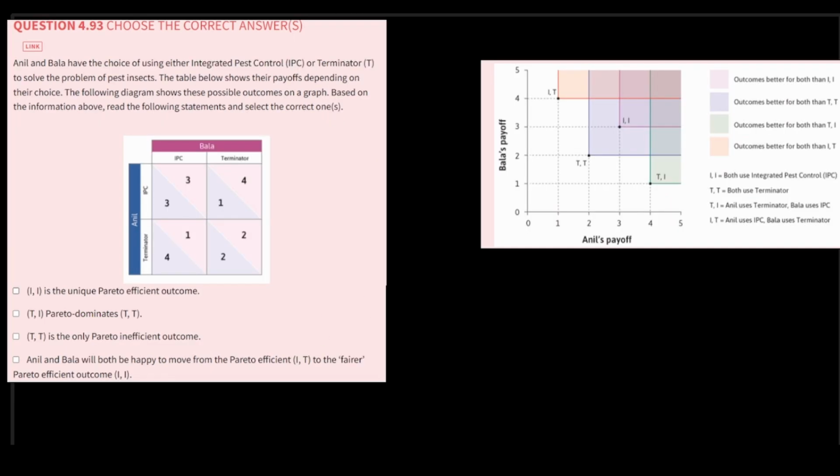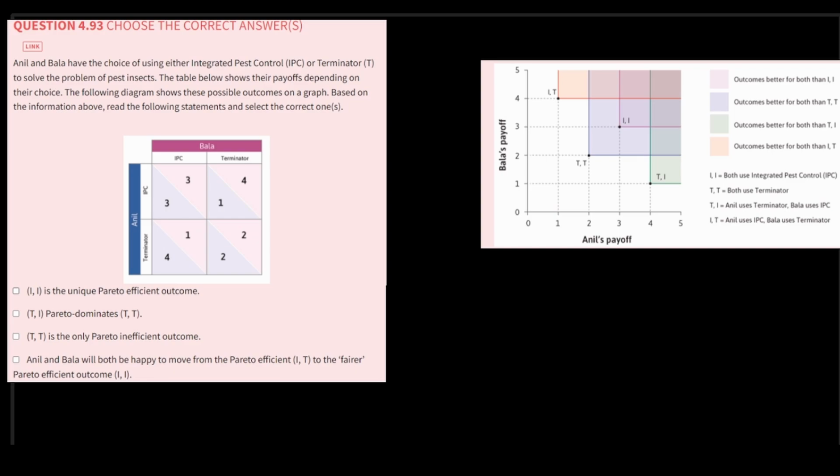Okay, here we are back to Anil and Bala with their choice as to which kind of pest control to use, and just a bit of a different way of looking at this, I suppose. So Anil and Bala have the choice of using either the IPC or Terminator to solve the problem of pest insects. The table below shows their payoffs depending on their choice, and the diagram to the right shows the possible outcomes on the graph.